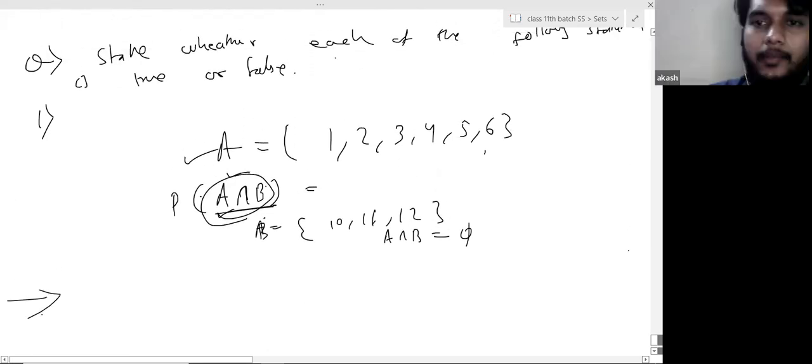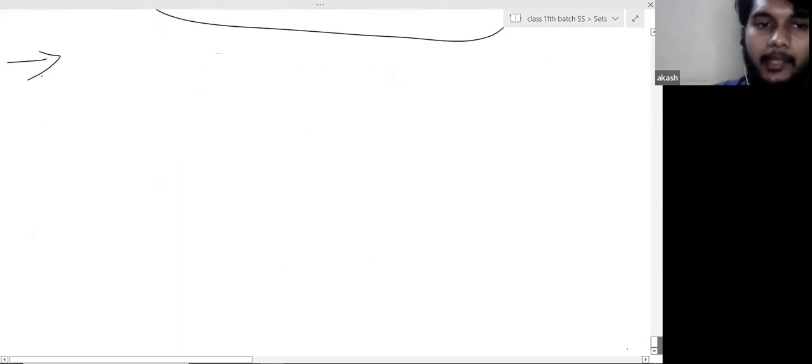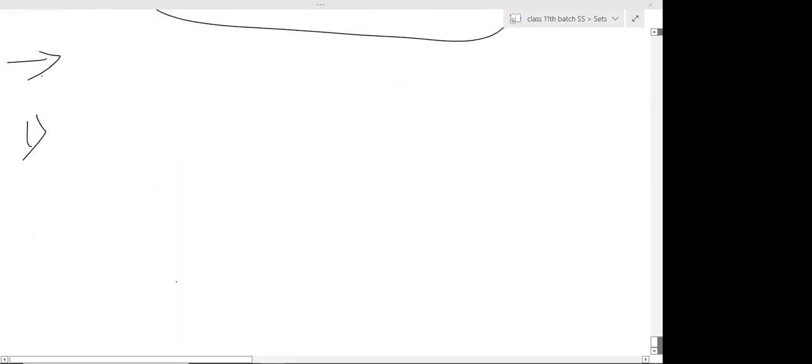State which of the following are true and false. Now, starting from the first statement, I'm writing this below here. 2, 3, 4, and 5 and 3, 6 are disjoint sets.